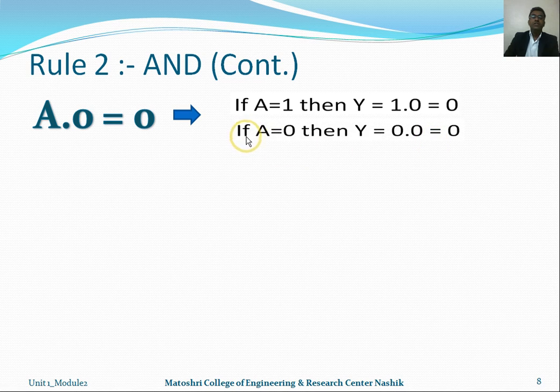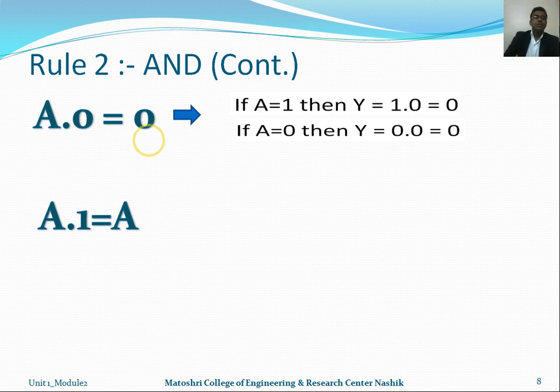Similarly, if we change the value of A to 0, then Y is again 0. Irrespective of the other input A, your output is always 0. That is the logic functionality of the AND gate: if one input is 0, don't care about the other input, your output is always 0. So A dot 0 gives 0.